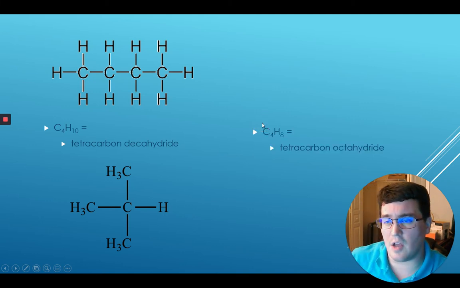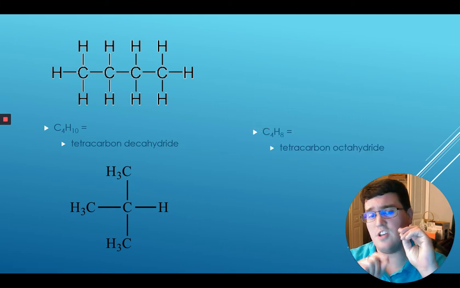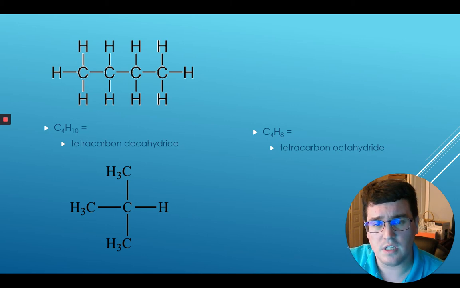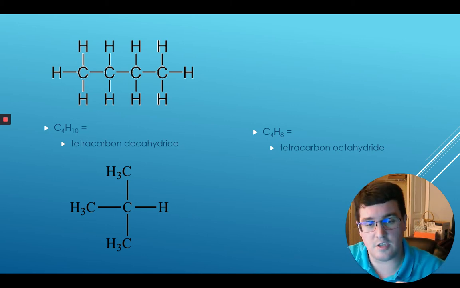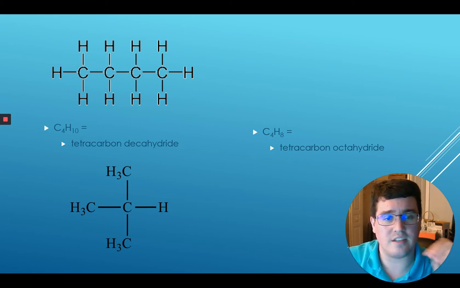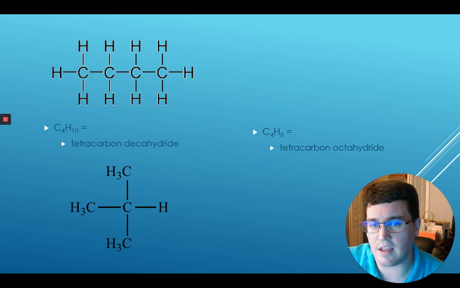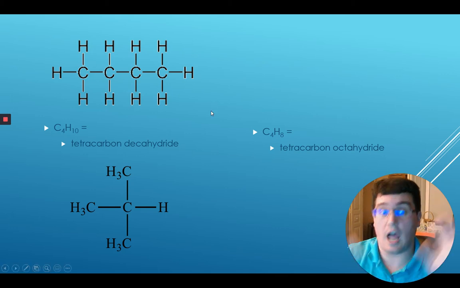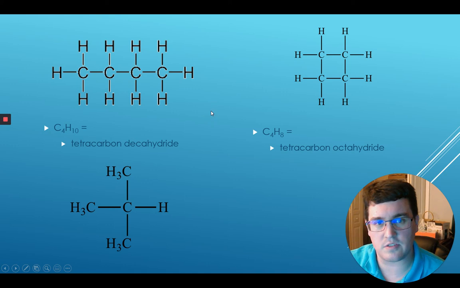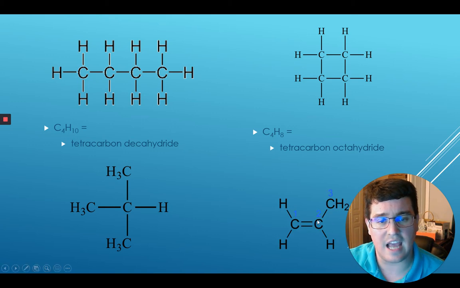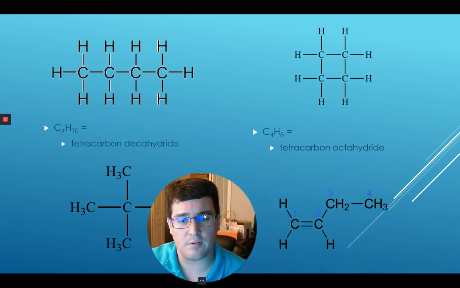The same thing could be done with C4H8, which is another perfectly acceptable molecule. Tetracarbon octahydride is what we would call that thing right there. And there are lots of different ways to draw this one, but two of the biggest ones are the one up top here, where all the carbons kind of link together in a circle, and then down here at the bottom, which is really hard to see with my face in the way, we can put them in a chain.